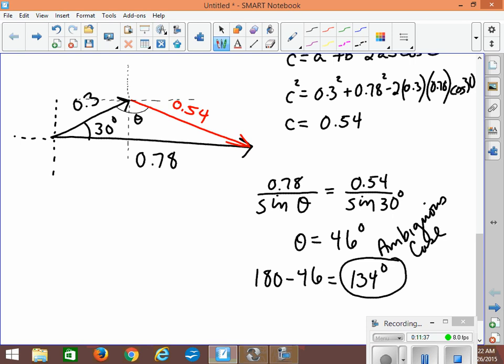Now, if we notice over here, I'll do it in green, if this angle is 30 degrees, this angle is also 30 degrees, right? There's a couple of ways you can do it. Well, I guess what we have to do is figure out that this is 60, which leaves us with how much over here? It looks like 74.